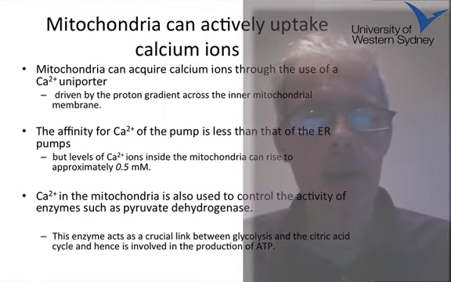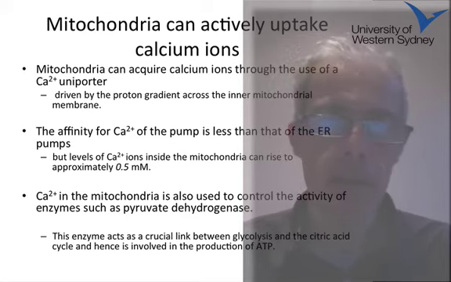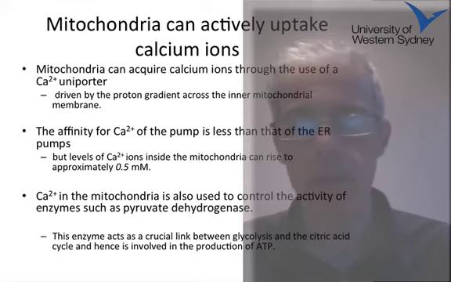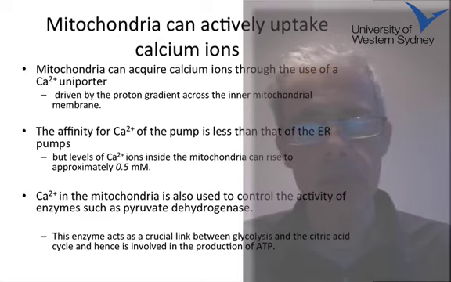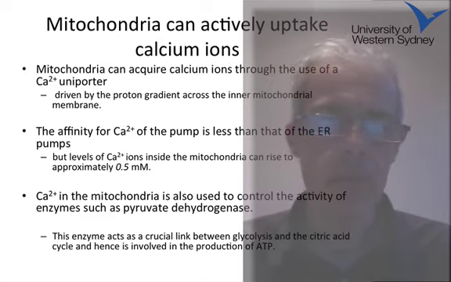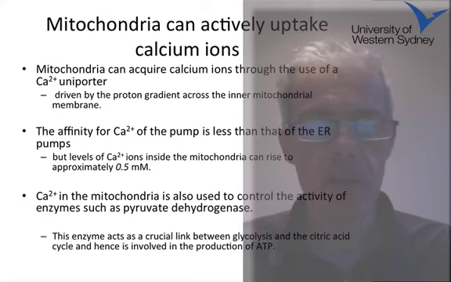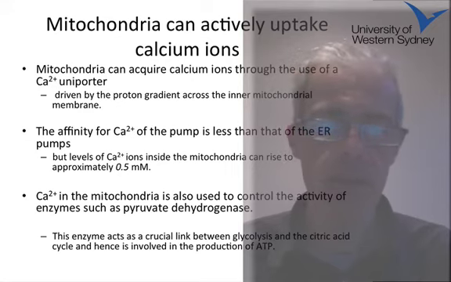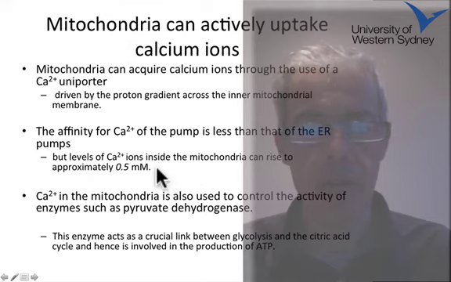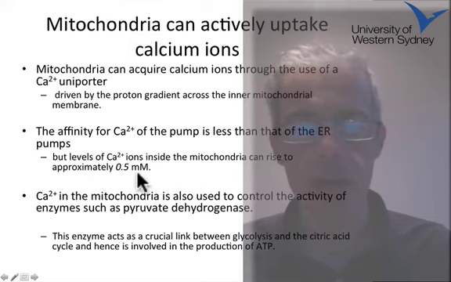Not only the ER, but also the mitochondria can take up calcium ions through various transporters. And there were some details in the book about the calcium ion pump in the mitochondria. It has less of an affinity for calcium ions than the ER does, but still it can accumulate calcium ions in very high concentrations, up to 0.5 millimolar within the mitochondria.